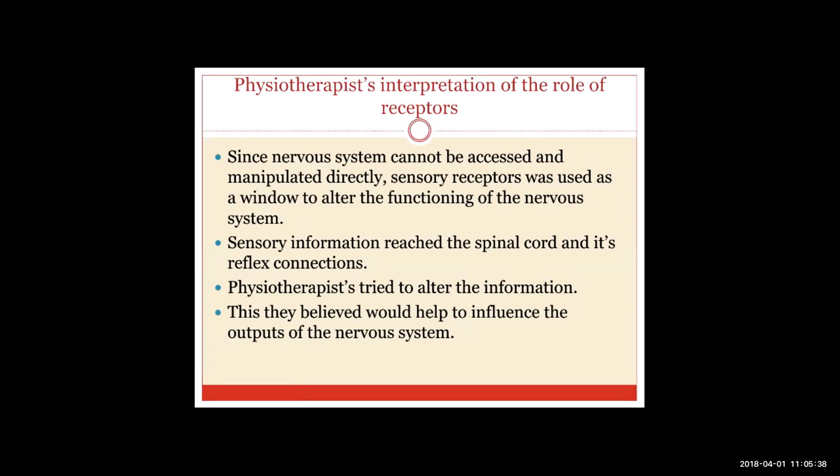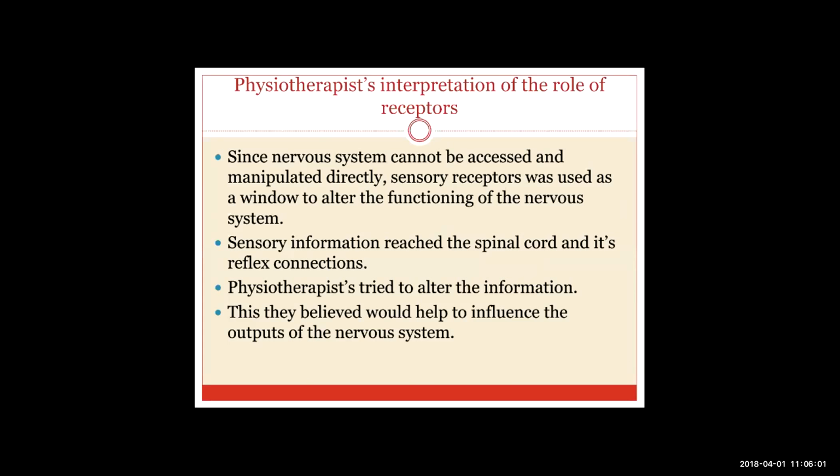Physiotherapists have a long relation with these receptors, and that's one of the major tools of physiotherapy. Since the nervous system cannot be accessed or manipulated directly, you cannot change the function of a neuron which is in the brain. Sensory receptors were used as a window to change the functioning of the nervous system.